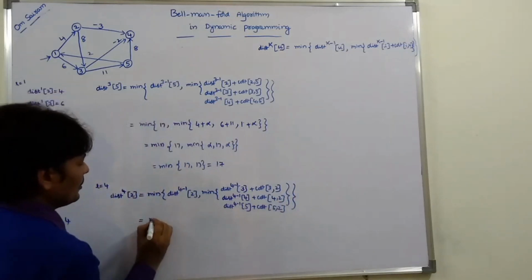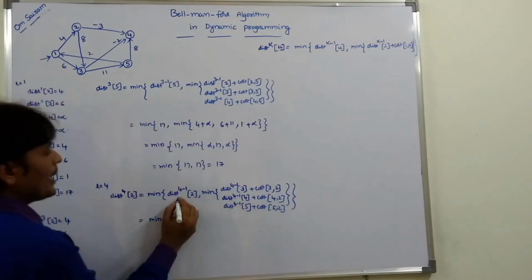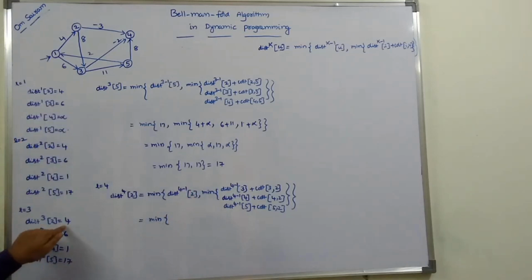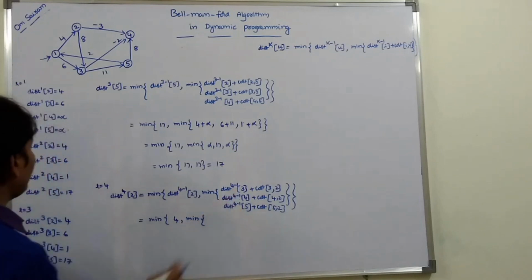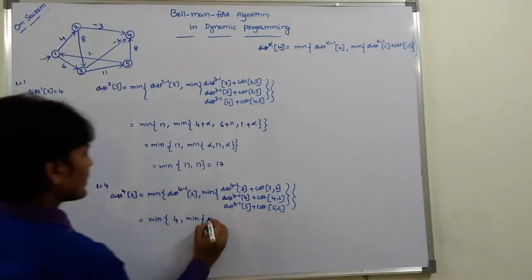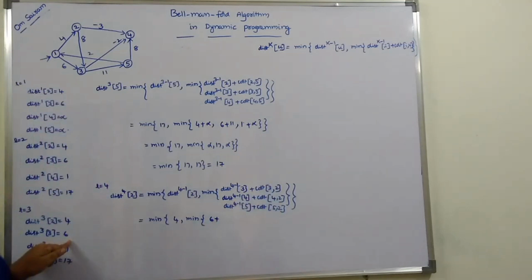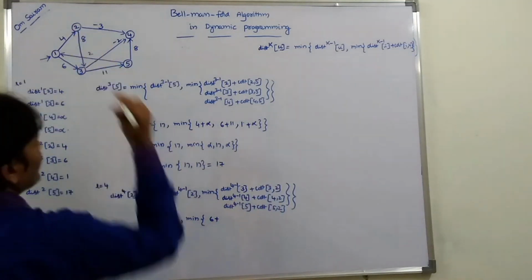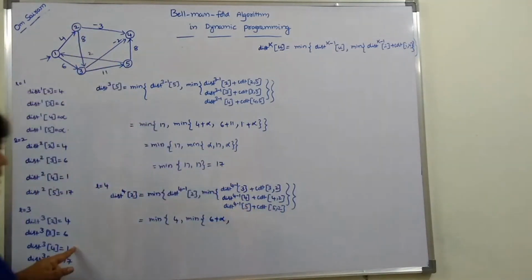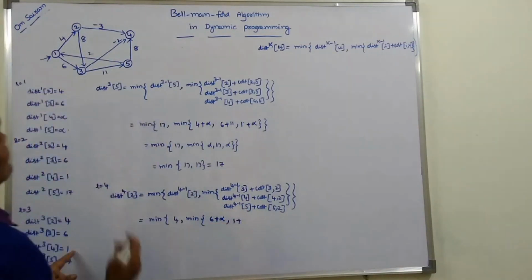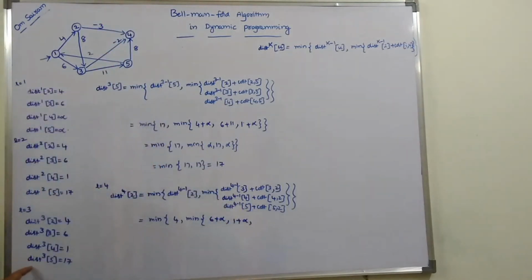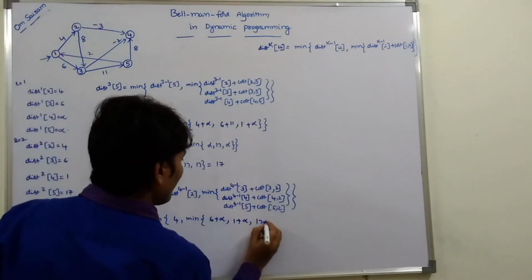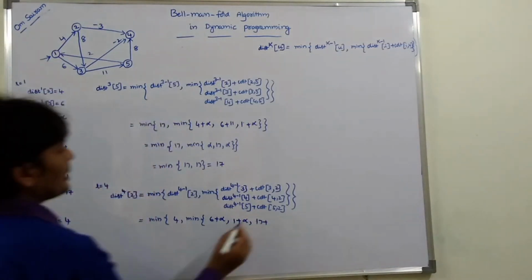So that is equal to minimum of DIST 3 of 2, DIST 3 of 2 is 4 comma minimum of DIST 3 of 3, 3 of 3 is 6 plus cost of 3 comma 2, cost of 3 comma 2 is infinity, DIST 3 of 4, 3 of 4 is 1 plus cost of 4 comma 2, 4 comma 2 is infinity, DIST 3 of 5, 3 of 5 is 17 plus cost of 5 comma 2, that is infinity.